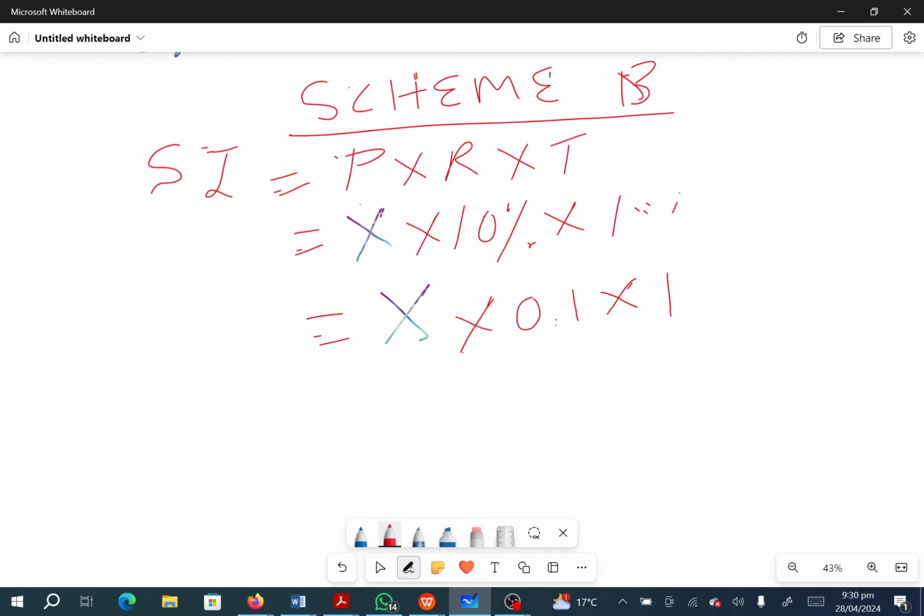So we'll have our answer as equals 0.1x. Okay, so say that is SIB.